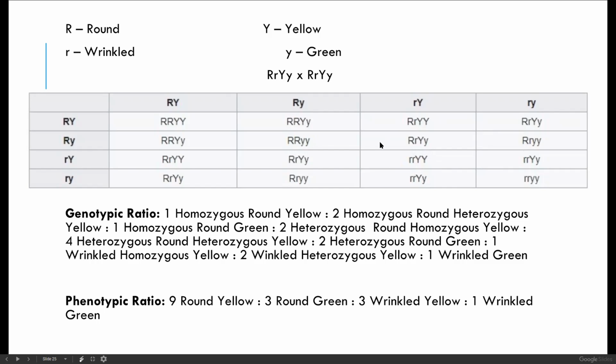Where is the heterozygous round with homozygous yellow in the illustration?